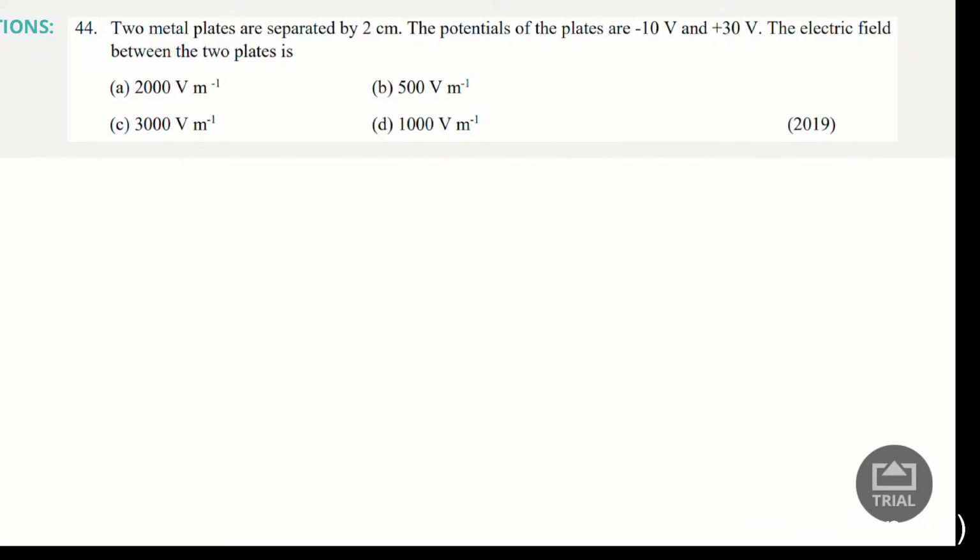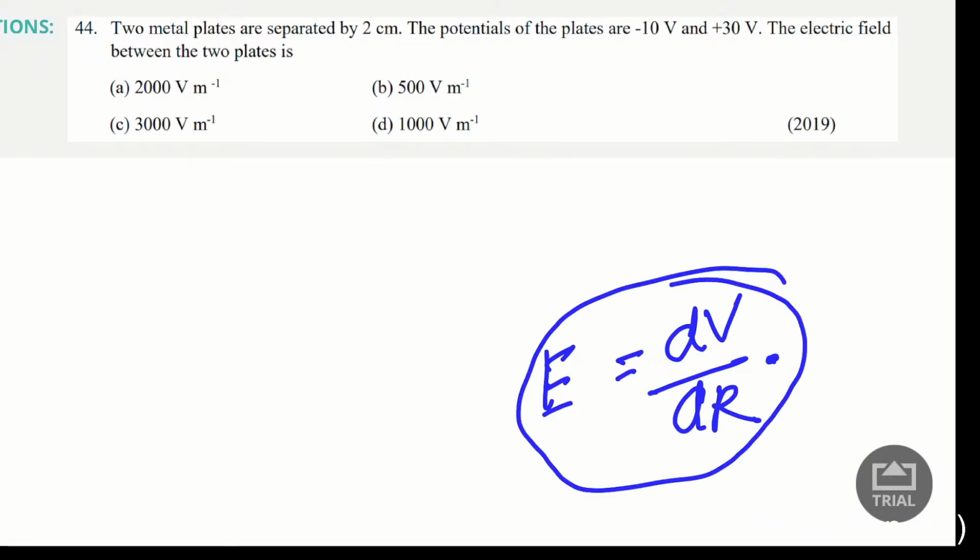The first answer came out 0, but there is no option for 0. What is the formula here we have to use? I'll tell you the formula. See, electric field we have to find. What is the relation between electric field and potential? E is equal to minus dV by dr. Clear? That's it. Good. Done.